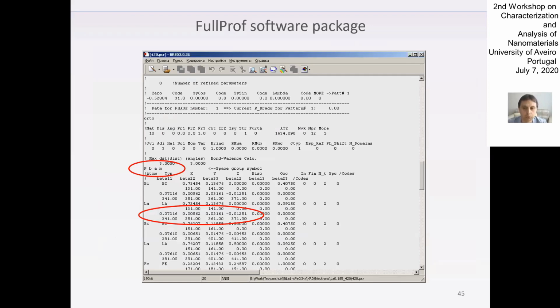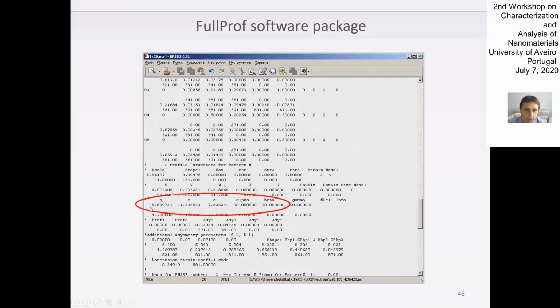To get this information, we tell the software, let's refine the spectrum using the space group, let's put in the ions and the coordinates, and the software will adjust them to minimize the difference between the calculated and observed spectrum. And we also refine the unit cell parameters.